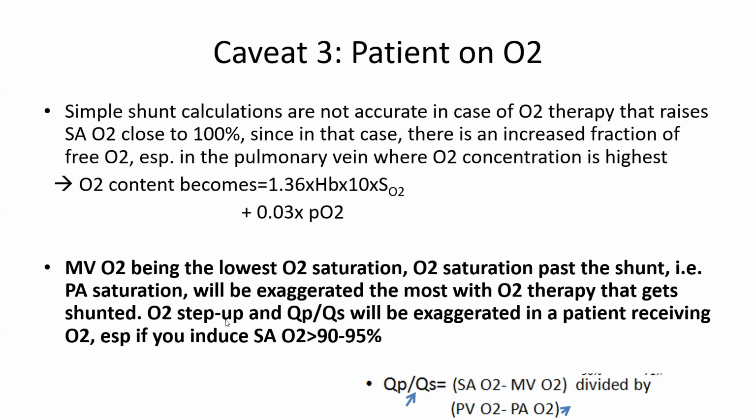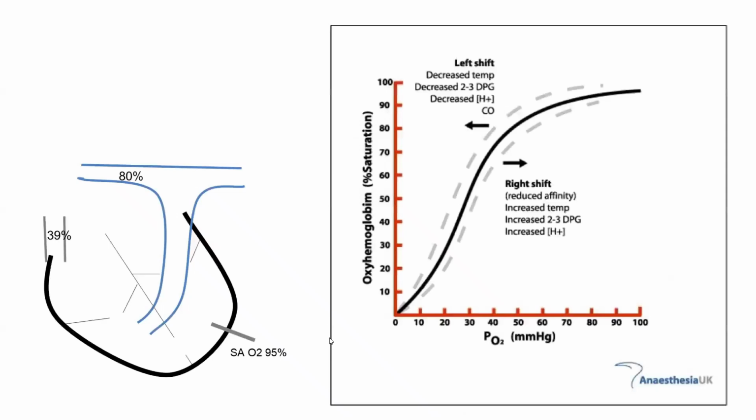Okay, so O2 step up and QP/QS will be exaggerated in a patient receiving oxygen, especially if you are inducing O2 sat over 90 to 95%. Meaning, if the patient is really hypoxic, 80%, and you give him oxygen, it's okay.